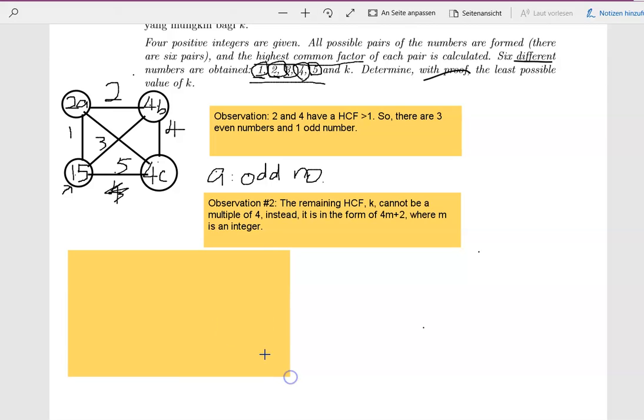So if our m equals 1, then our k would be 6. But what does this mean again? There is this 15, and then our 4c are all multiples of 3.